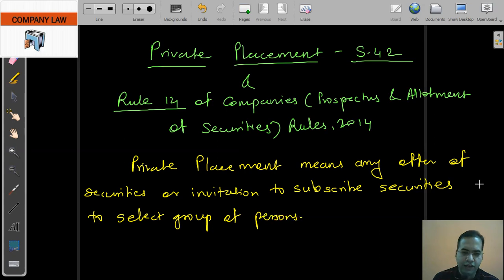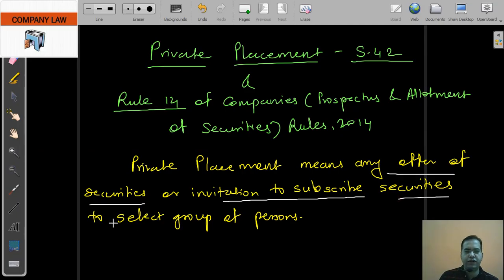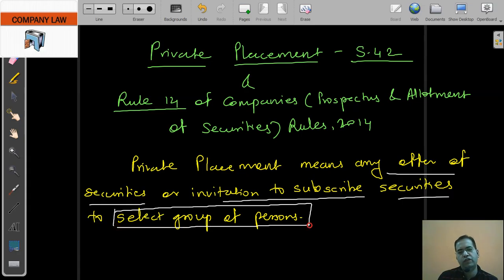Which are the important ingredients in this definition? It is the offer of securities or invitation to subscribe securities. To whom? It is made to the select group of persons. It is not made to the public at large. These are the important points relating to private placement, and it is not done through issuance of a prospectus, like we studied under the public offer.